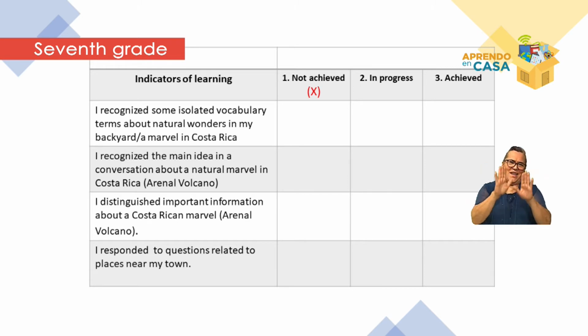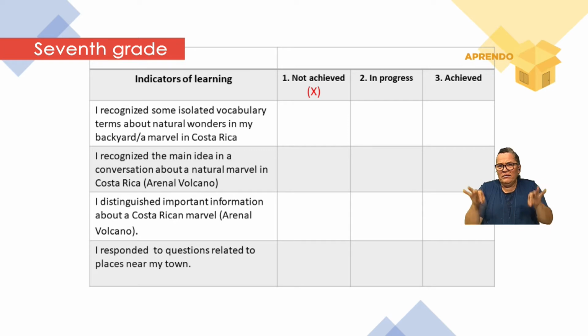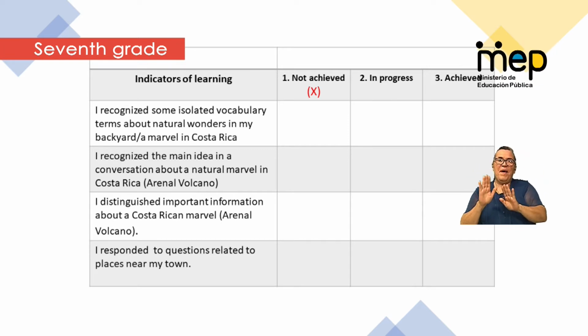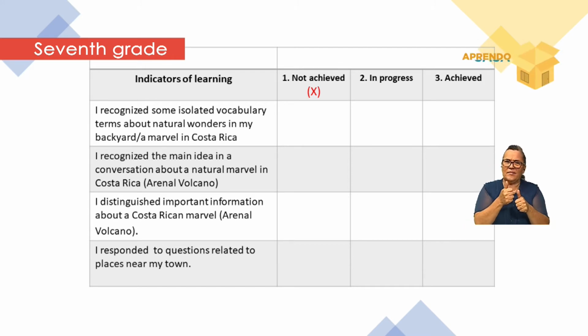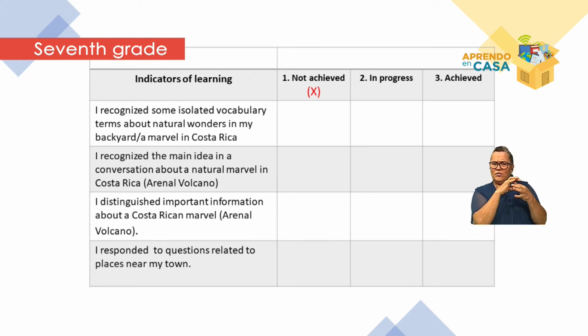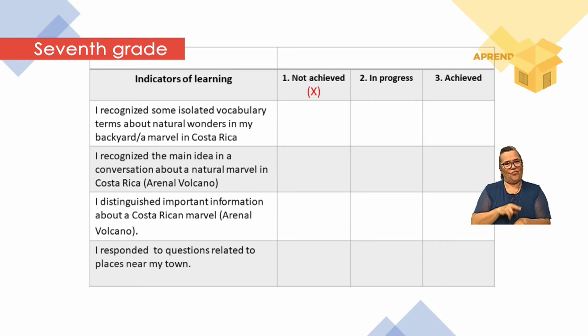And then, I distinguished important information about Costa Rican wonders. Yes, we did it, guys. You did it so well. Finally, I responded to questions related to places near my town. Of course, we answered the questions in the right way.